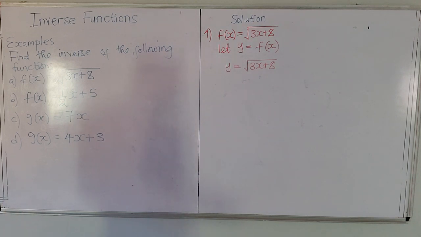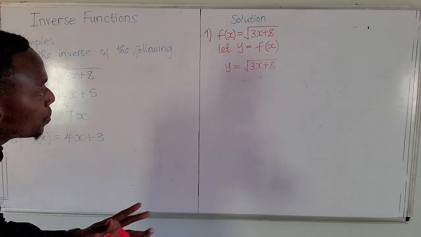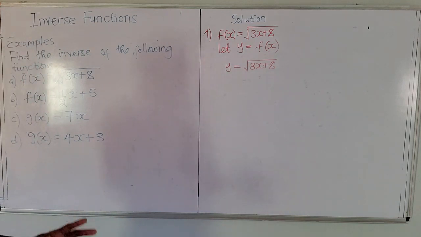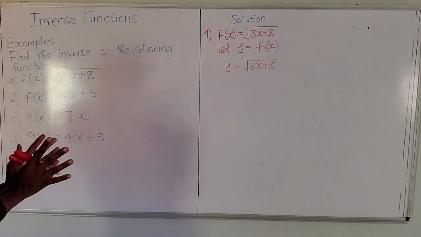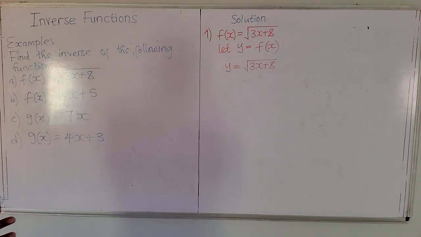Now the question comes in, how do you make x the subject of the formula? And when you look at our problem here on the board, it has got a root. So it means that the first thing we have to do is to get rid of the root so that we can make x the subject of the formula.